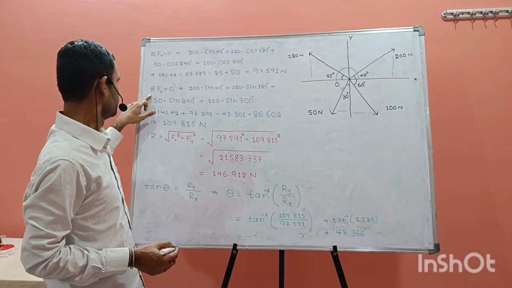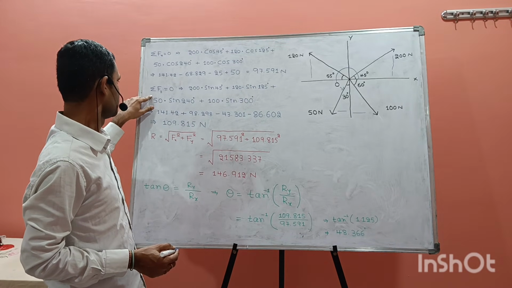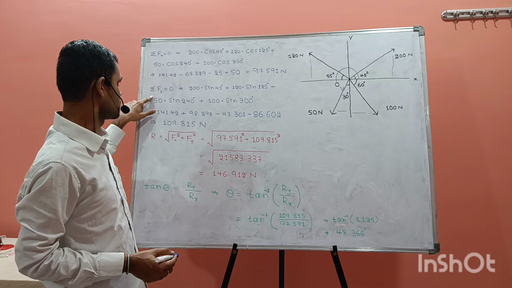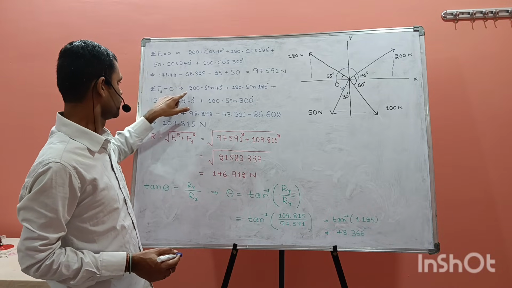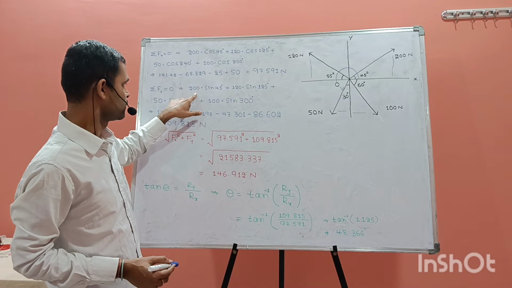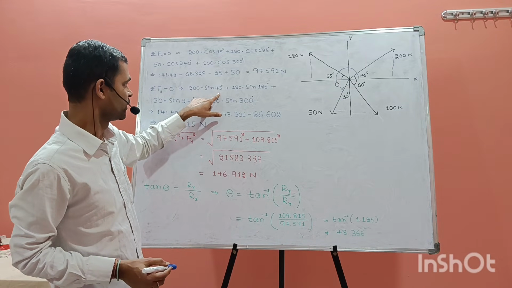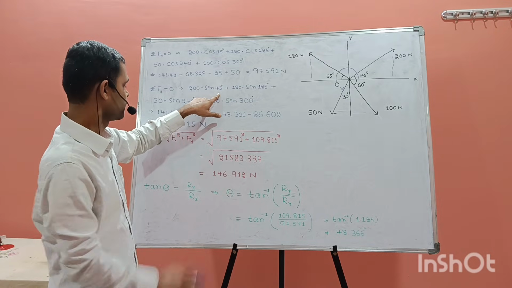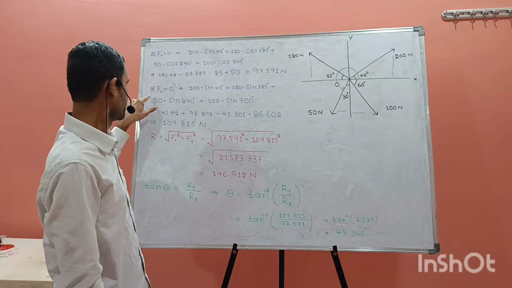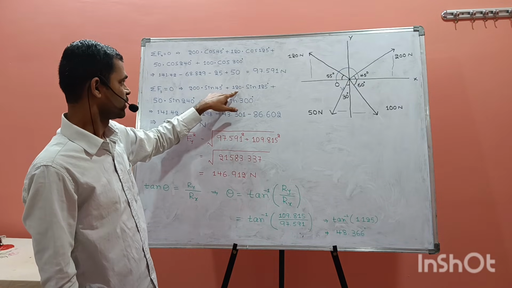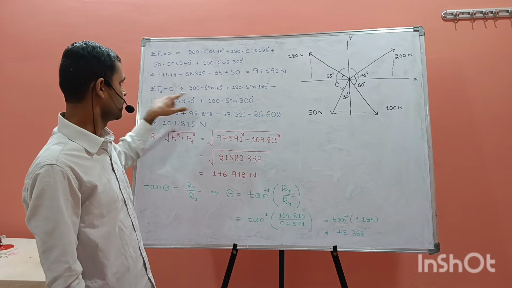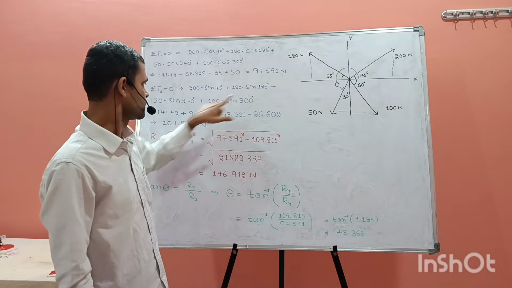And sigma Fy is equal to 0, so resolving the forces in the y direction, this will be 200, first force, into sine 45 degrees. For this method also, in this equation also, the angles are the same.